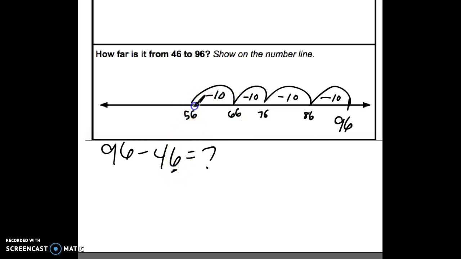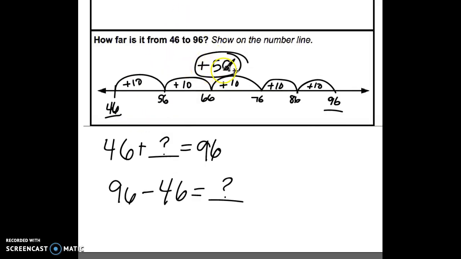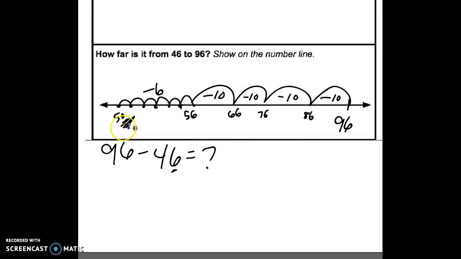Take away 6 ones. 1, 2, 3, 4, 5, 6. 56, counting back, 55, 54, 53, 52, 51, 50. See, you got the same answer as before. Our change is 50.